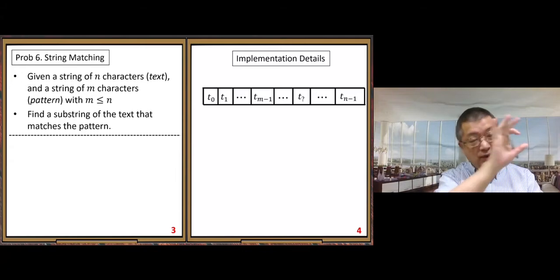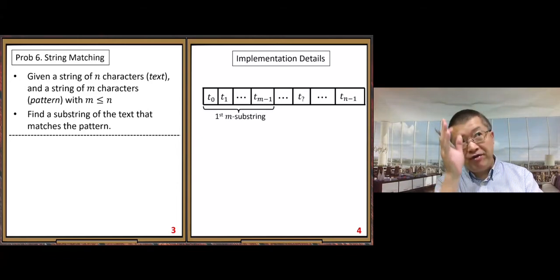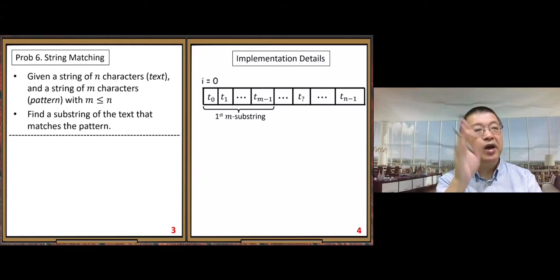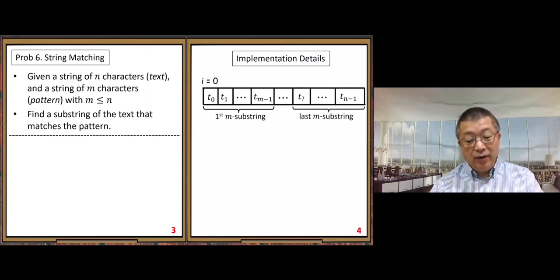Here, let me use this diagram representing the whole text. We try to get some M substring information. First, let's look at our first M substring. Here you can see its location is I equals 0. Then, what is the location of the last M substring?